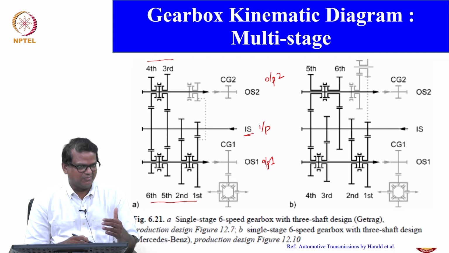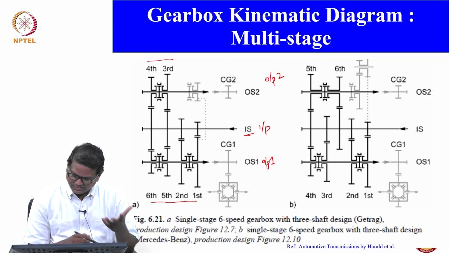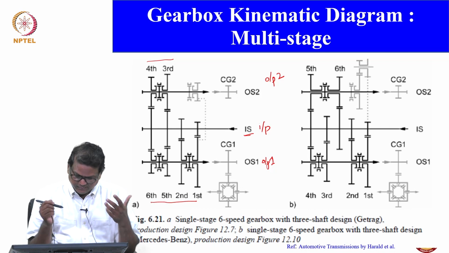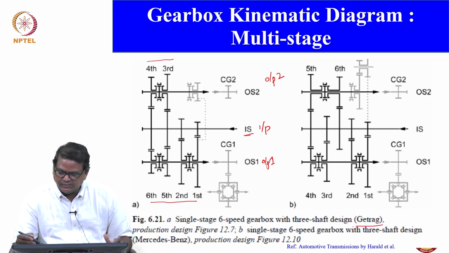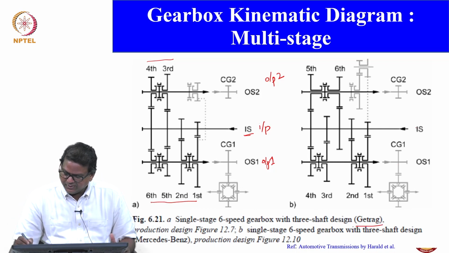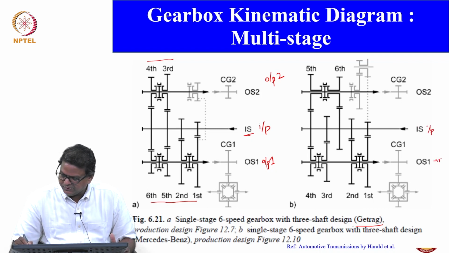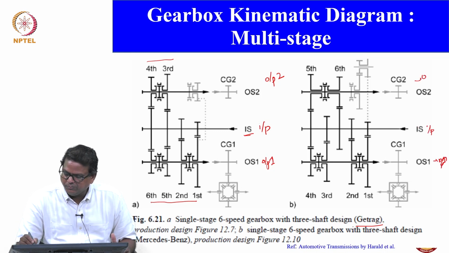This type of gears is available in the automobile section. This is adopted in the Get Track, and if you look on the right side, again you will have the input shaft, and output shaft 1 and output shaft 2.